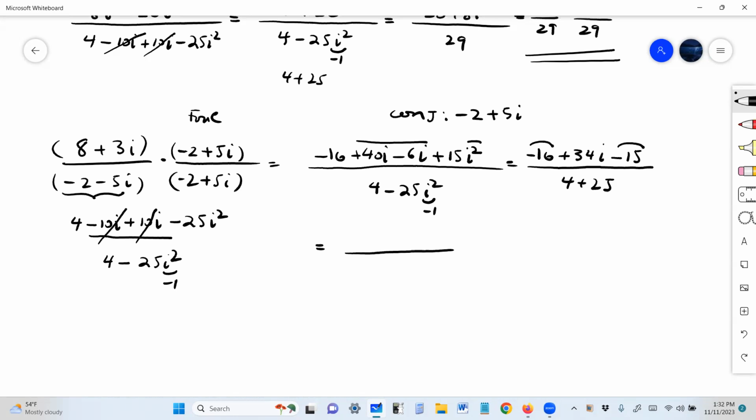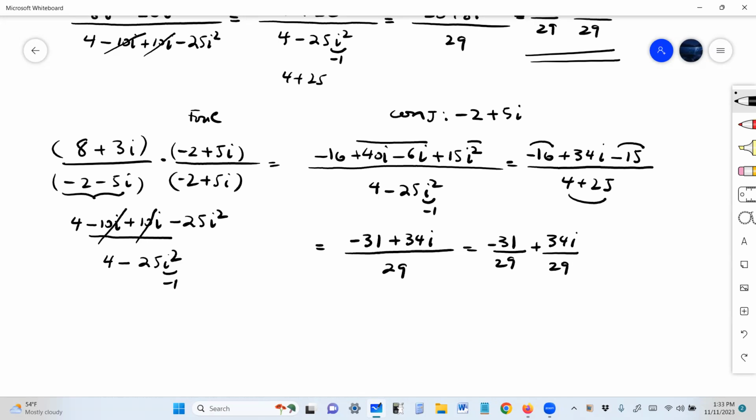Negative 16 minus 15 plus 34i. And here's my 29. And then I write it in complex form. Negative 31 over 29 plus 34i over 29.